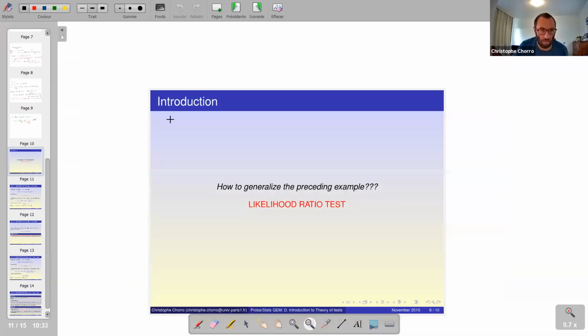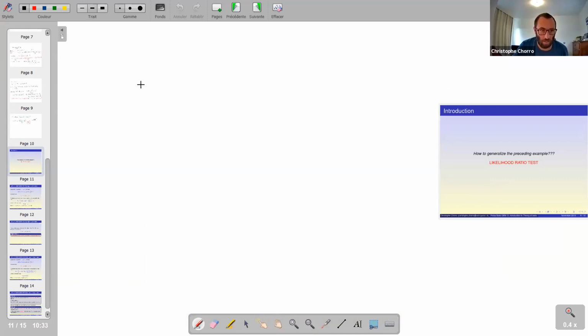We have seen together that if I have a parameter theta, and if I have an n sample of observations that depend on a parameter theta, so X1, ..., Xn, a sample of the density f(x, theta).